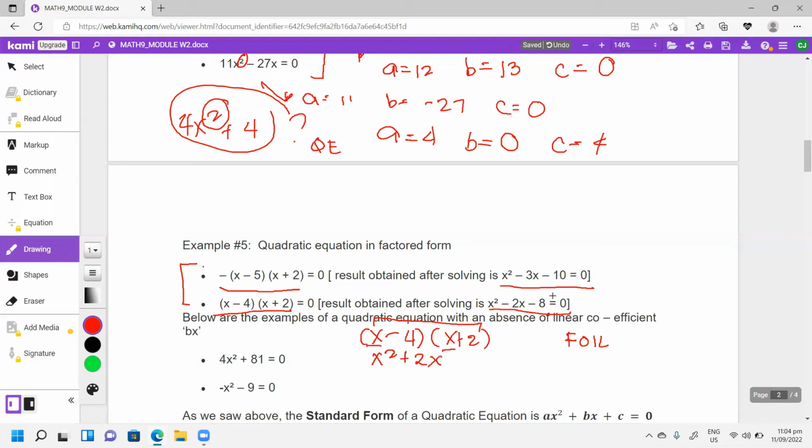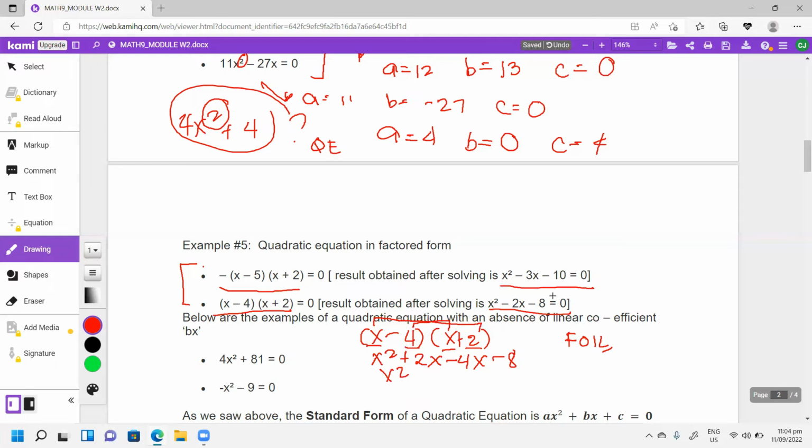Then I stands for inner term. So negative 4 times x is negative 4x. Then L stands for last term. Negative 4 times positive 2 is negative 8. Then simplify. So x squared, copy x squared, 2x minus 4x, diba? We can combine this one.